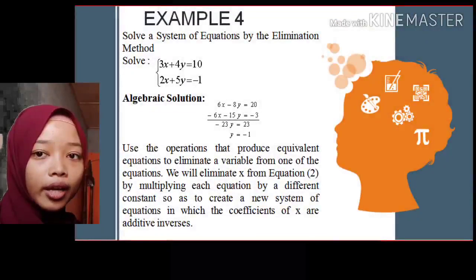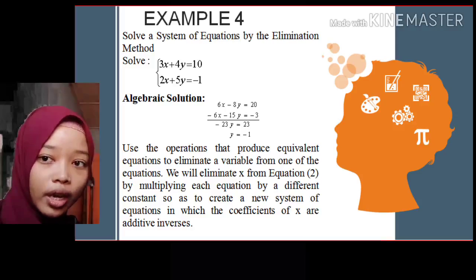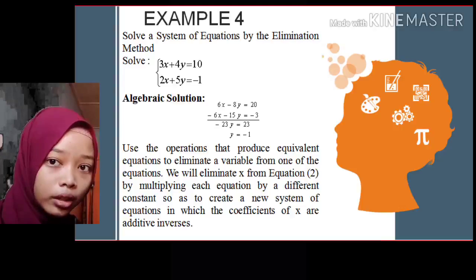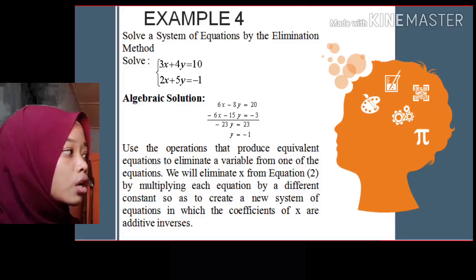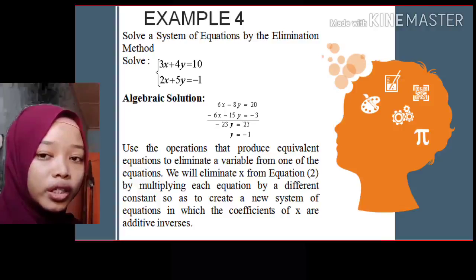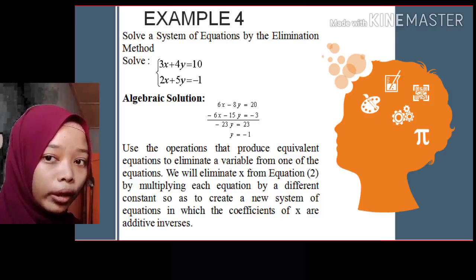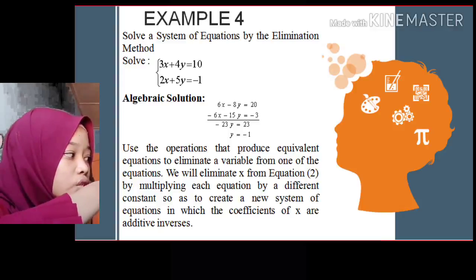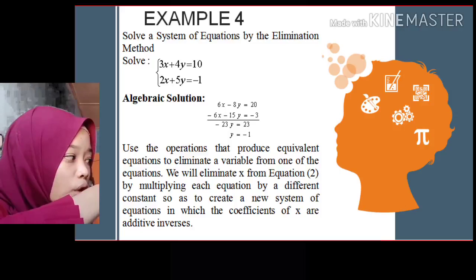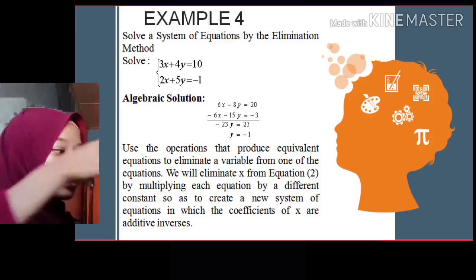Last time, I explained to you about solving a system of equations by the substitution method. Now, I will explain to you solving a system of equations by the elimination method. For example, solve 3x plus 4y equals 10, and then 2x plus 5y equals minus 1.